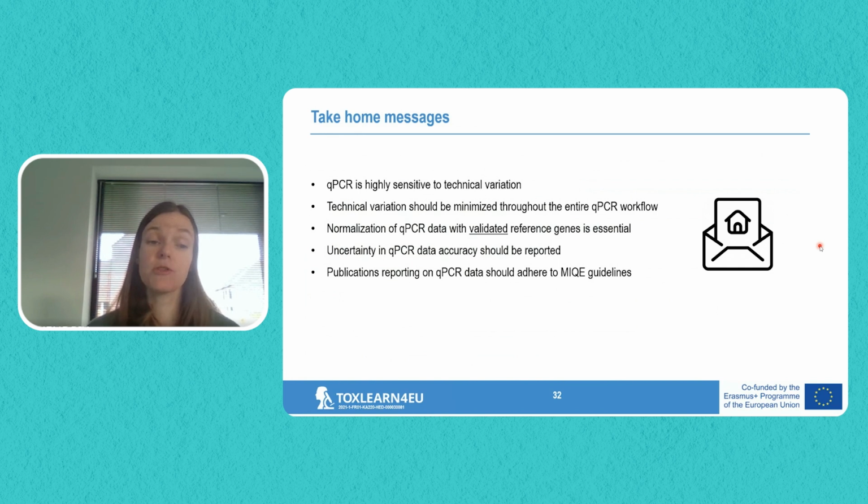And it's essential to normalize qPCR data with reference genes that you validate for each experiment. And it's also very important to report uncertainty in qPCR data accuracy, for example, by showing both normalized and non-normalized data.